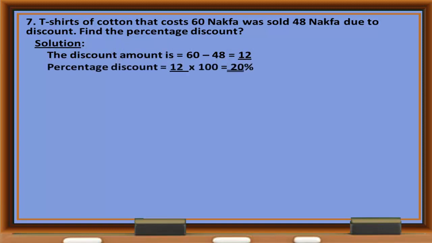Percentage of the discount is 12 over 60 times 100. This 0 will be cancelled with this 0. By 6 is 1. By 6 is 2. 2 times 10 is 20%. That is the percentage of the discount.